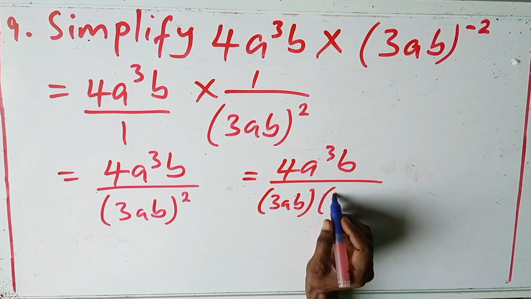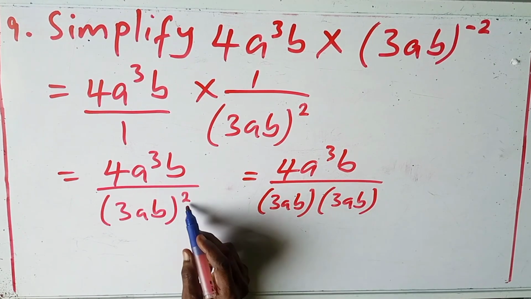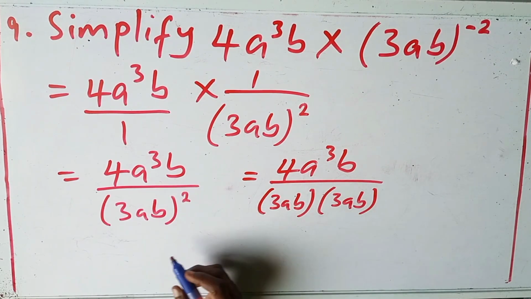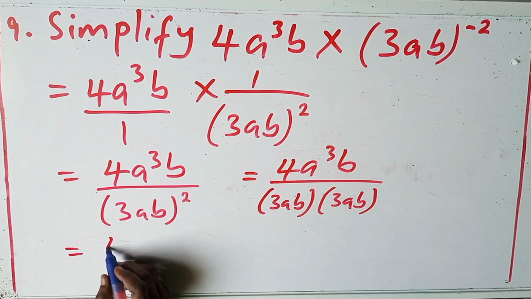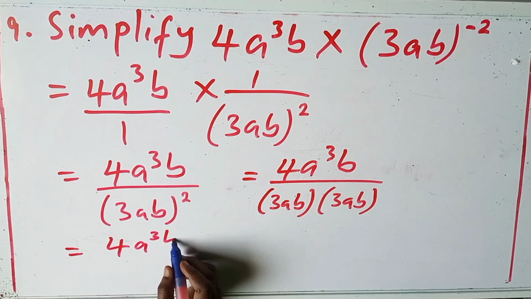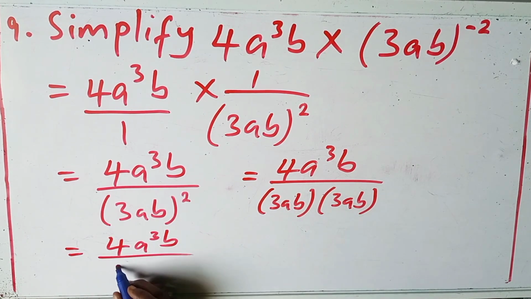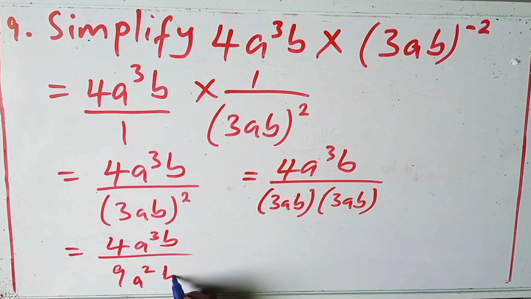Then 4a raised to the power 3b over 3ab squared can also be written this way, 3ab times 3ab, because of the square. So our final answer will be 4a raised to the power 3b over 9a squared b squared. Then we can further simplify it.